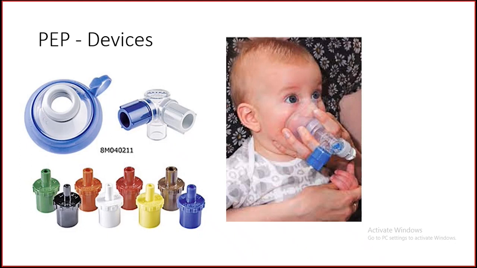This is important to improve collateral ventilation, especially to dilate collapsed airways, and to get some air column behind the mucus plug. That facilitates airway clearance, pushing the mucus into the proximal airways. Those are the positive expiratory pressure devices.